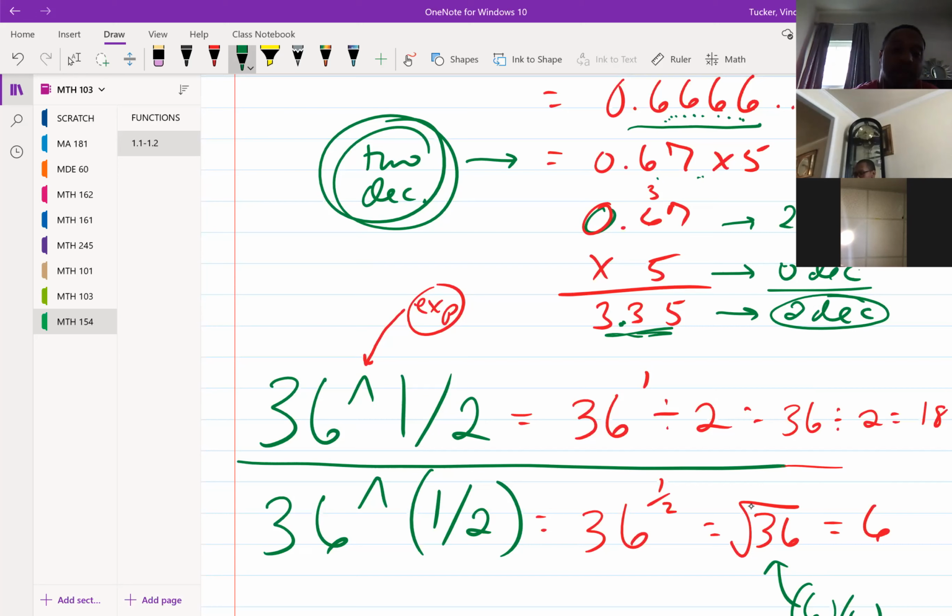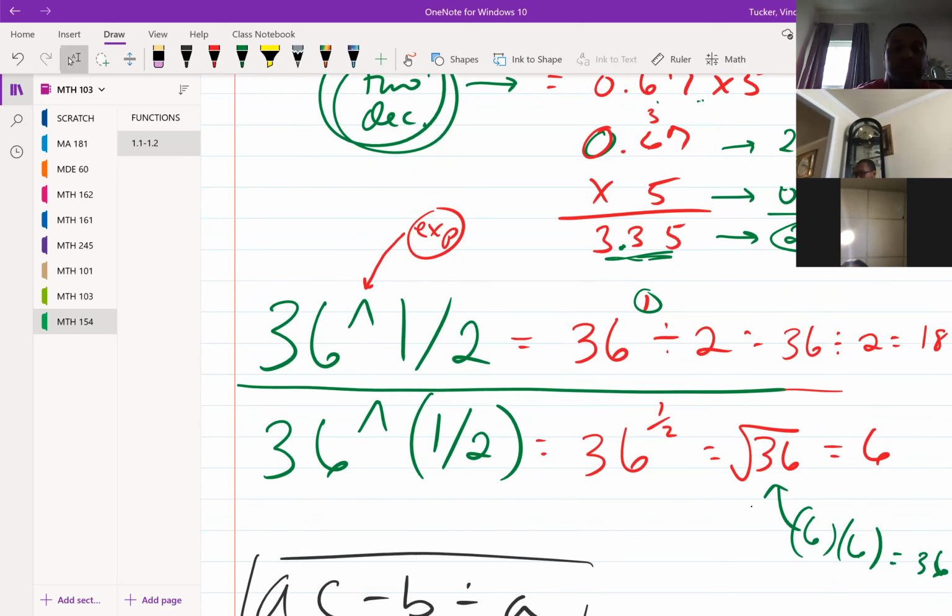The first one, if I have 36 caret 1 divided by 2 and no parentheses, that's 36 raised to the first power because of the parentheses not being there. If the parentheses is there, then that's 36 raised to the 1/2 power.